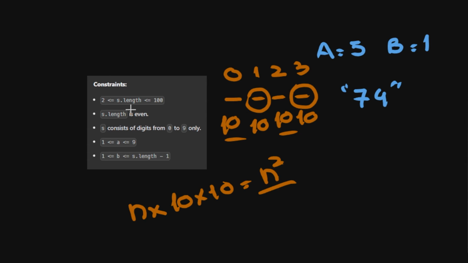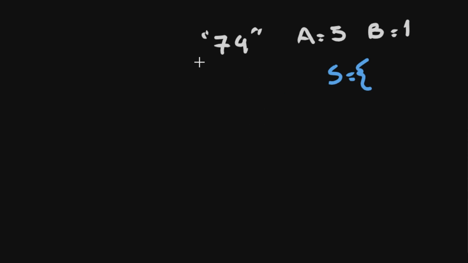And given that n is smaller or equal to 100, this is roughly 100 to the power of 2. And this is not a very big number. We can handle this number. What this means is we can try every possible string and return the lexicographically smallest. So let's explore every possible string.